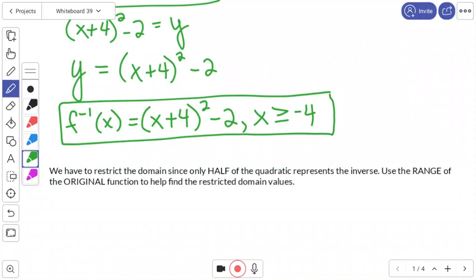All right, so where do we look? One more time. We have to restrict the domain since only half of the quadratic represents the inverse. What are we going to use to figure out what those restricted domain values are? We're going to use the range of our original function to help find the restricted domain values of our inverse. Does that make sense? Hopefully it does.